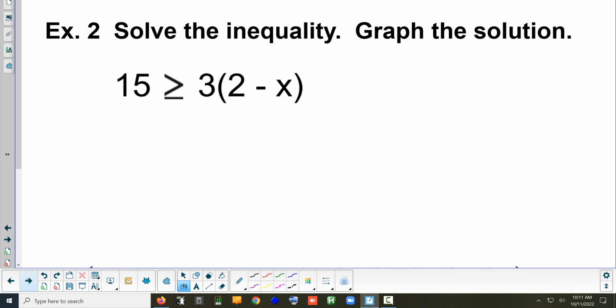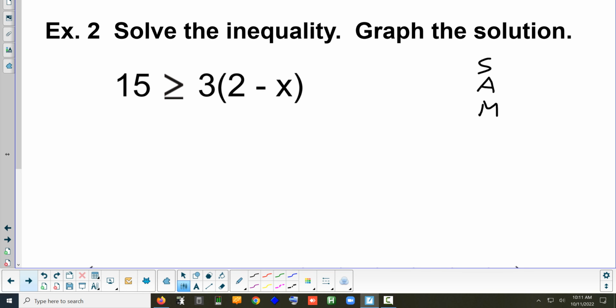All right, let's do number 2 together. And then maybe I'll let you guys try 3 again, okay, on your own. So this says 15 is greater than or equal to 3, and then in parentheses 2 minus x.